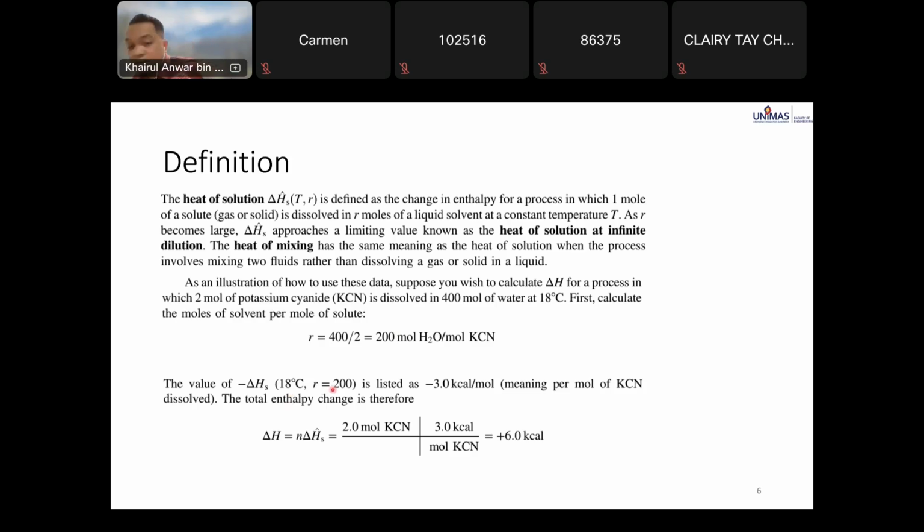Available in table B11. So table B11 is the heat of solution and mixing at 25 degrees C. So 25 degrees C refers to the reference temperature.